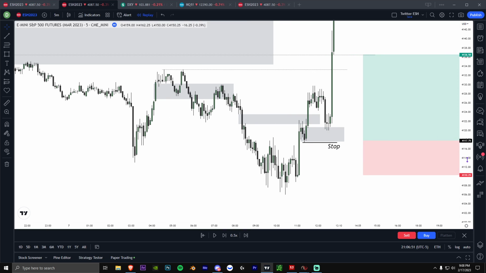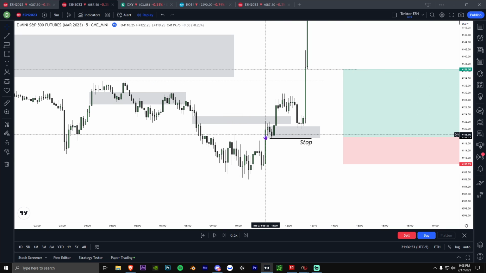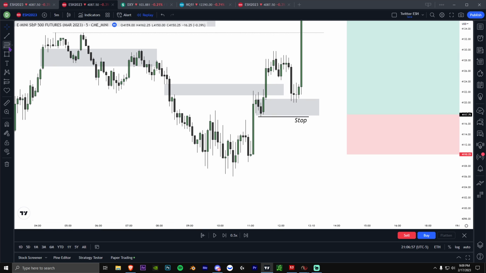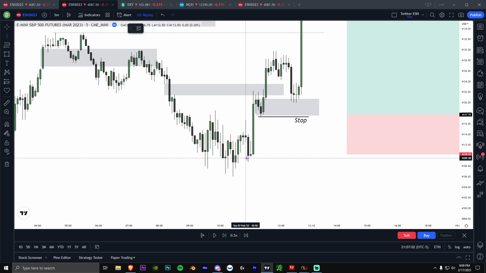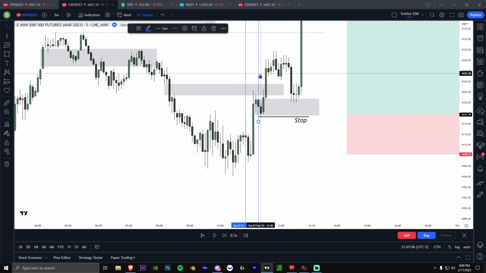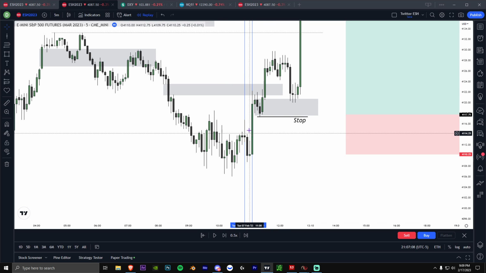But yeah, this is this clean play. You can see as soon as we get this displacement, it's perfect. It's also the 1050 macro run, okay? I didn't even realize that. 1050 to 1110 macro run. So this is the 1110 candle.